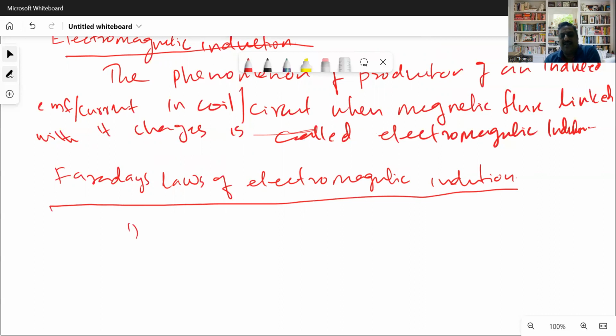So one is whenever magnetic flux linked with a circuit or coil changes, an induced EMF is developed in it. And the induced EMF lasts as long as change in flux takes place.